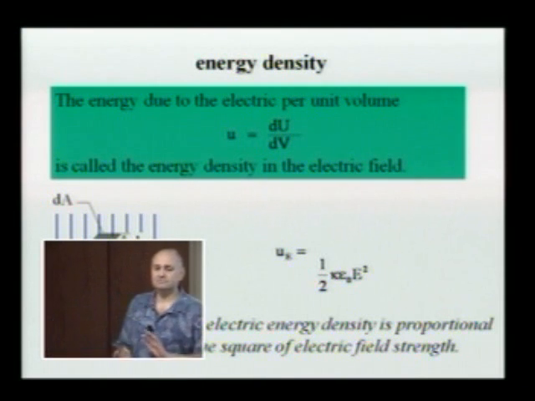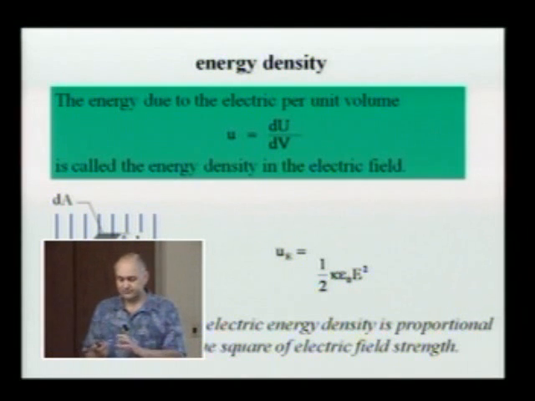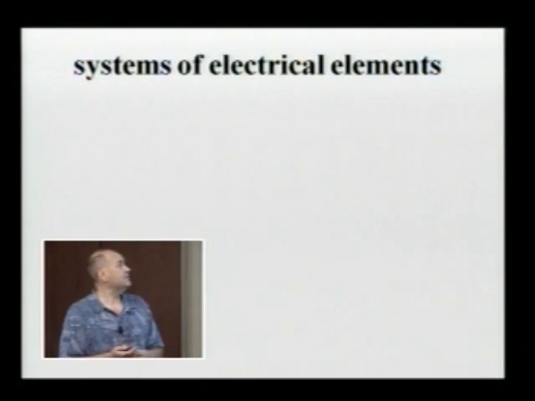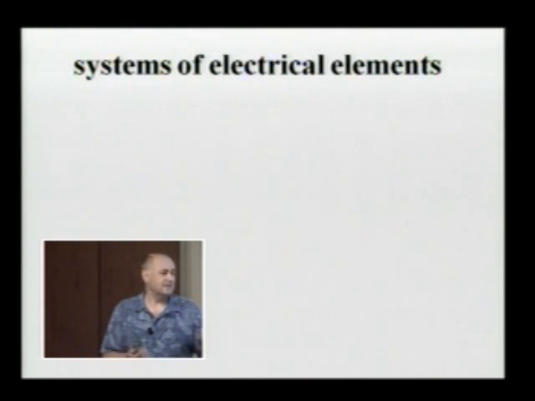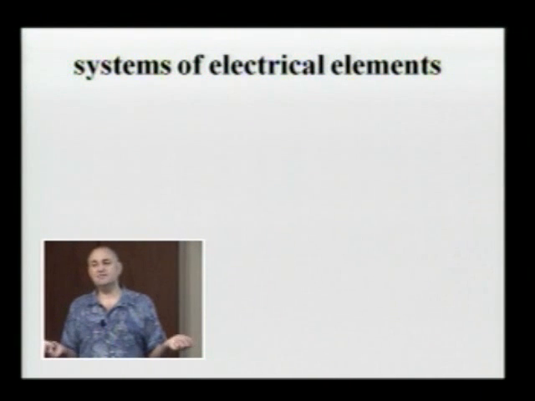Now I wanted to get closer to circuits and talk about systems of electrical elements. What will happen if we connect elements? Today I'm going to talk about how a system of capacitors behaves.